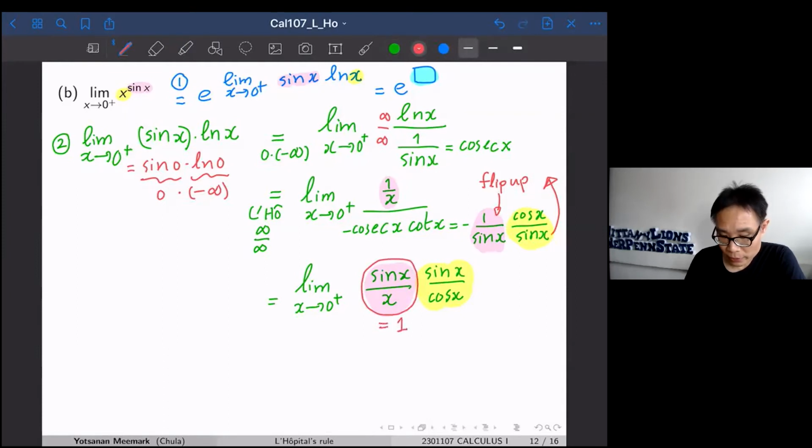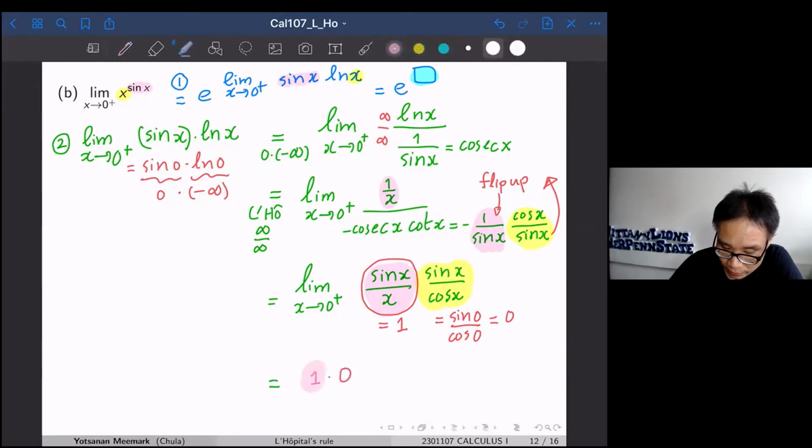Another limit will be sin 0 over cos 0, which turns out to be equal to 0. So this limit turns out to be 1 times 0. The pink guy turned out to be 1, the yellow guy turned out to be 0, and the limit turned out to be 0 total.